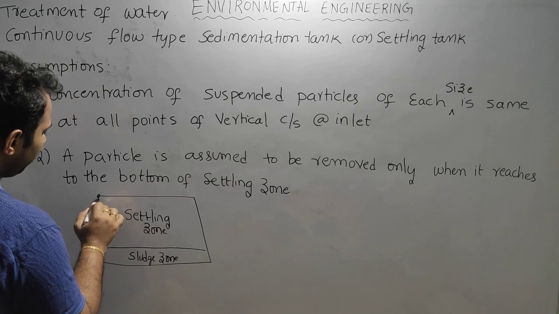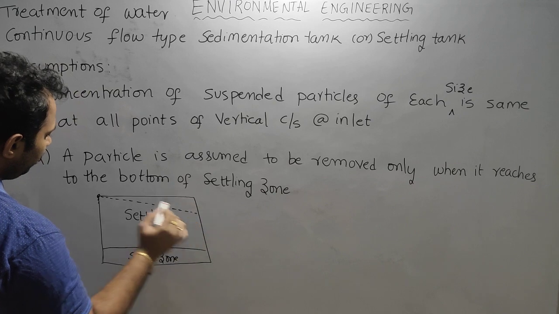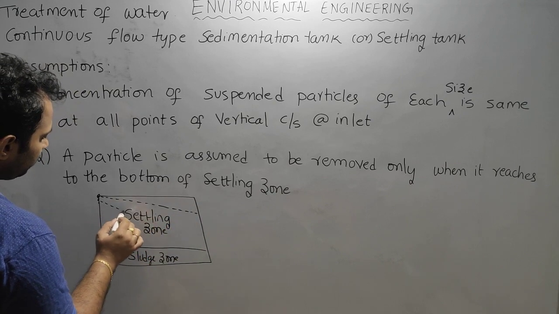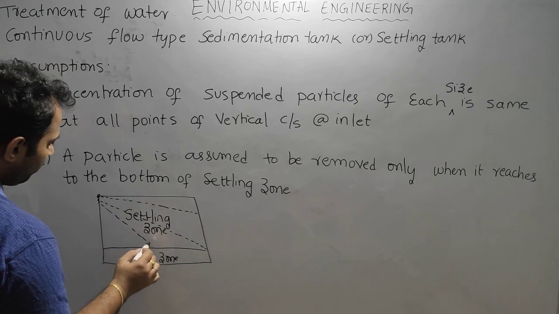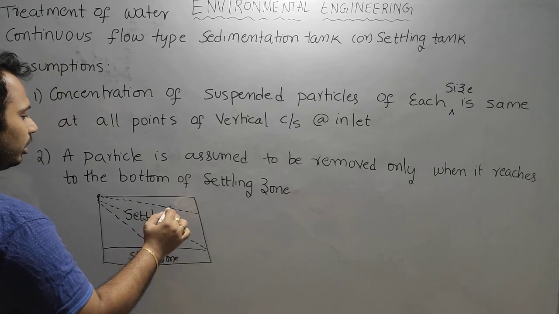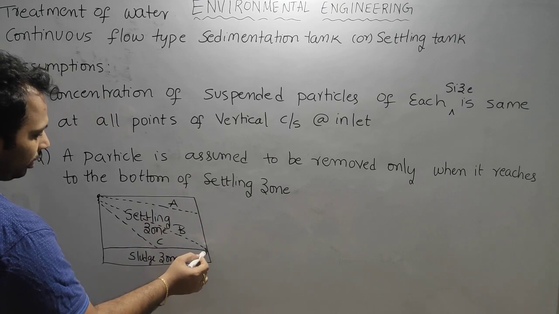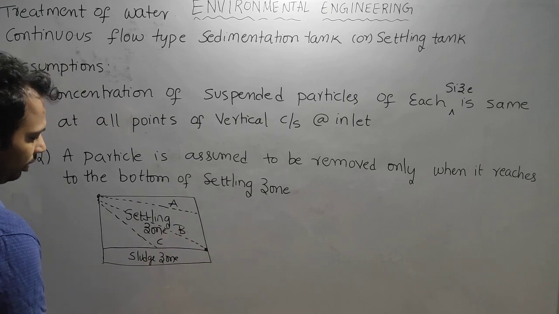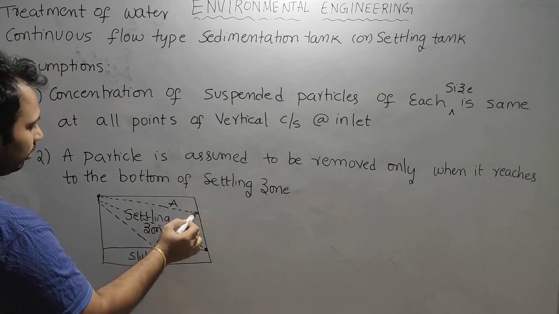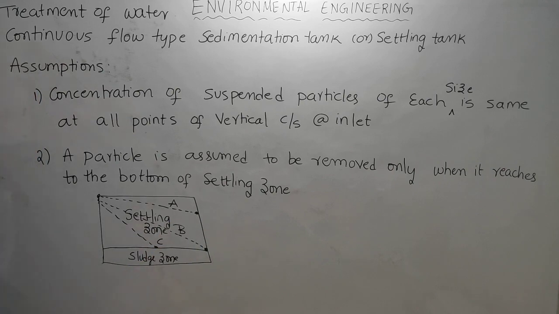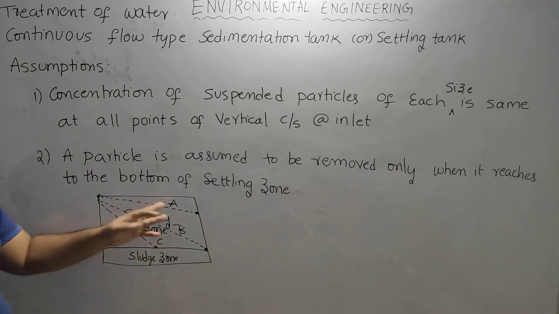One particle reaches here, another reaches here, and another reaches here. Let these particles be A, B and C. This particle has reached the bottom of the settling zone. This particle has also reached the bottom of the settling zone, but this particle has not. So we consider that B and C are removed, A is not removed.